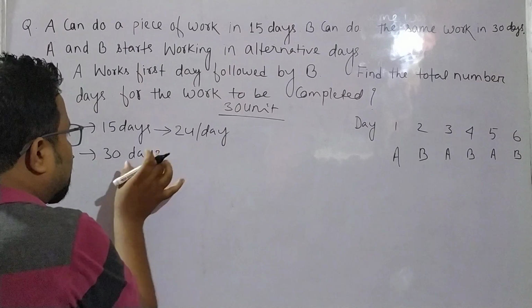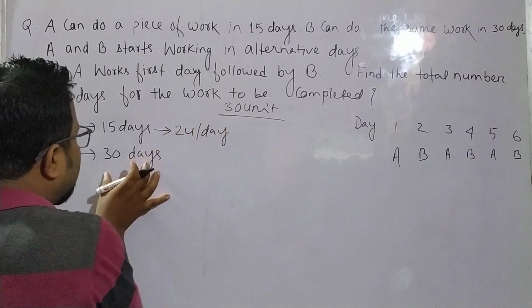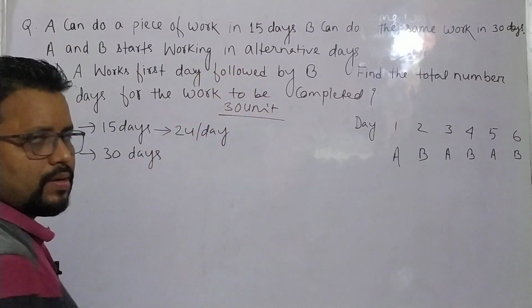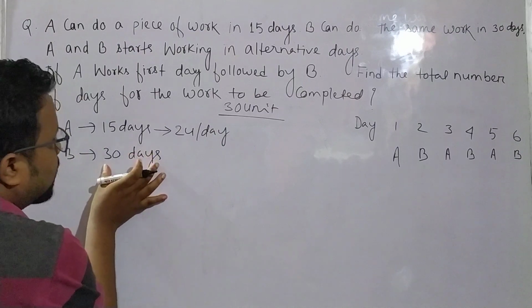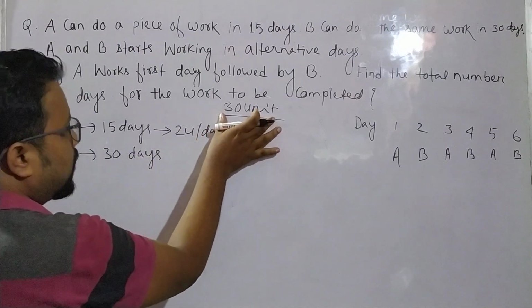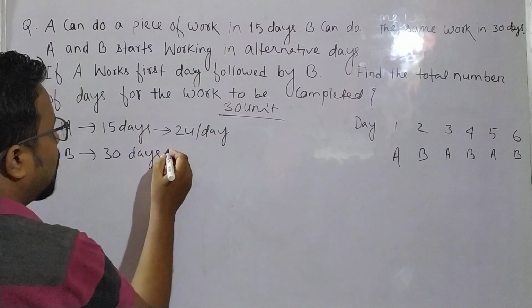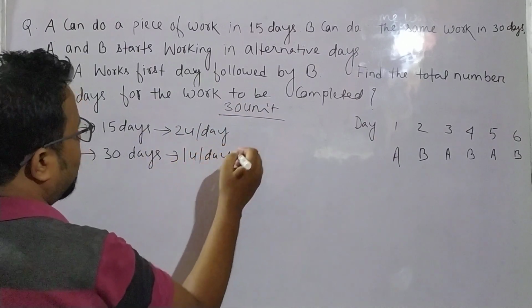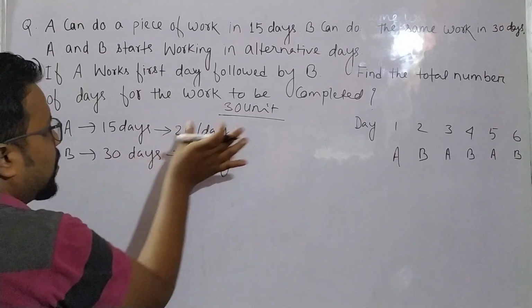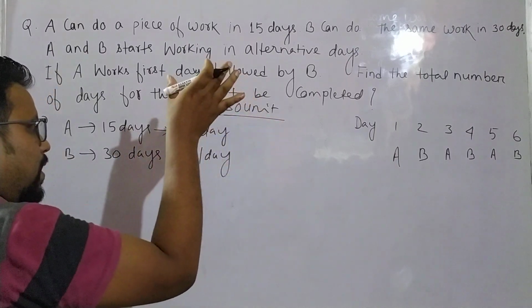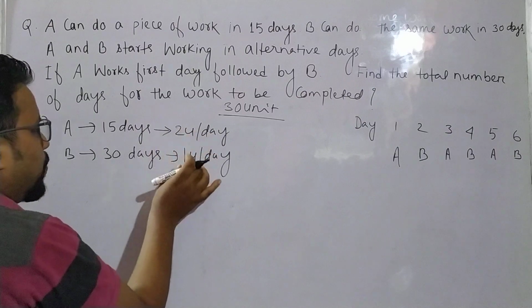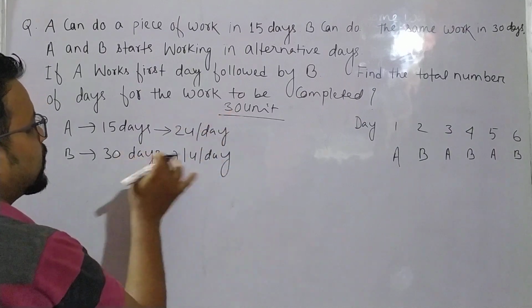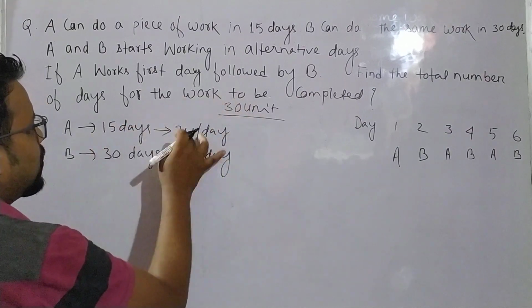In 30 days B does 30 units, so in 1 day B will do 1 unit. 30 divided by 30 is 1 unit, and 30 divided by 15 is 2 units.